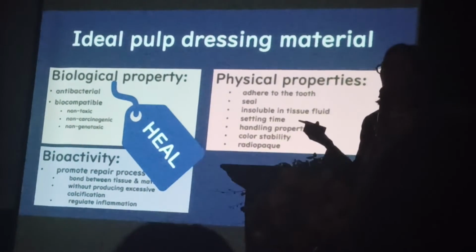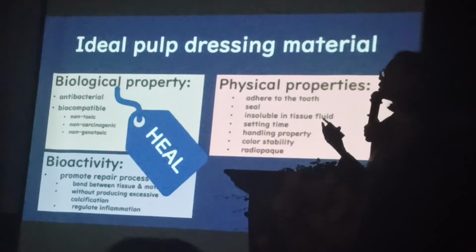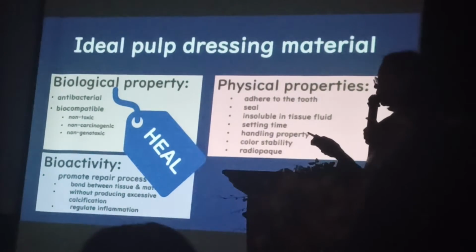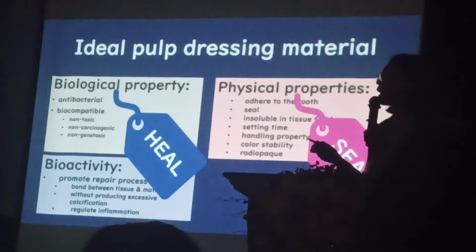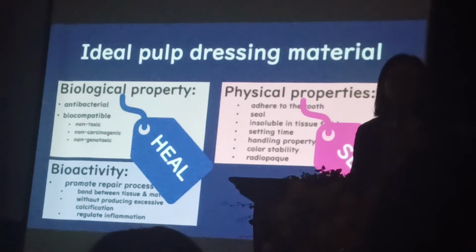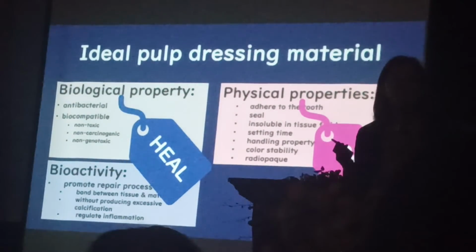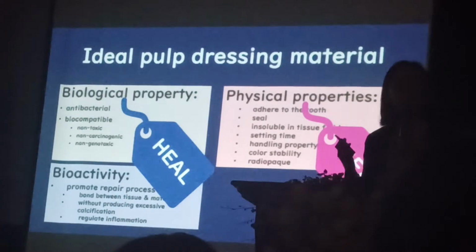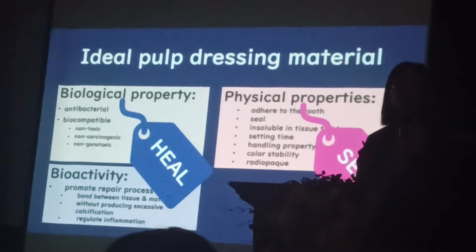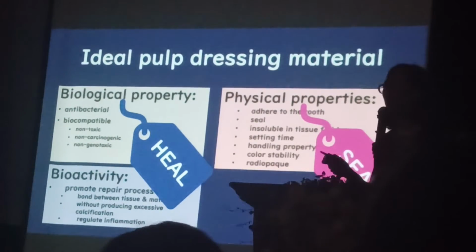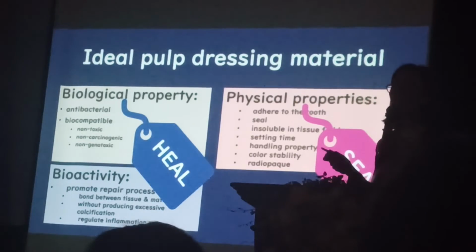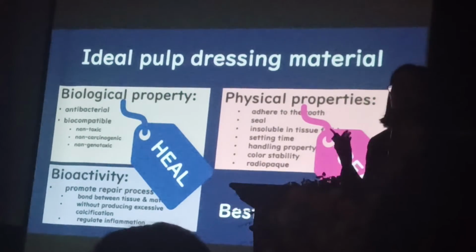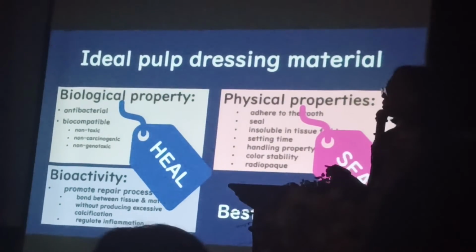And of course, antibacterial and also compatibility. Okay? And also physical properties, if it has a good one, that will also help with the healing, prevent contamination of the bacteria. So we want to both heal and seal.